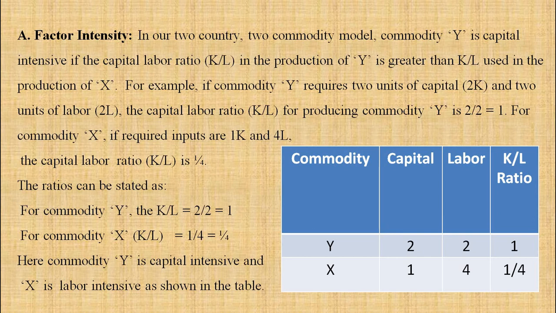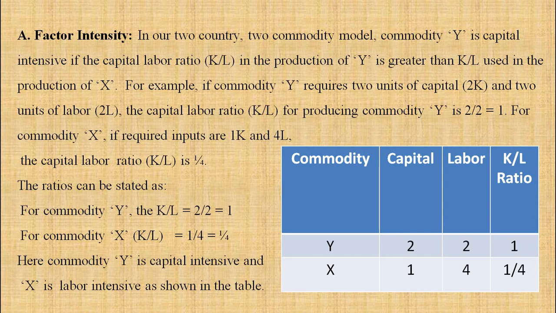In our two country, two commodity model, the commodity Y is capital intensive if the capital labor ratio, that is K/L, K for capital, L for labor, in the production of Y is greater than K/L used in the production of X. For example, if commodity Y requires 2 units of capital, 2K, and 2 units of labor, 2L, the capital labor ratio for producing commodity Y is 2 by 2, that is 1.